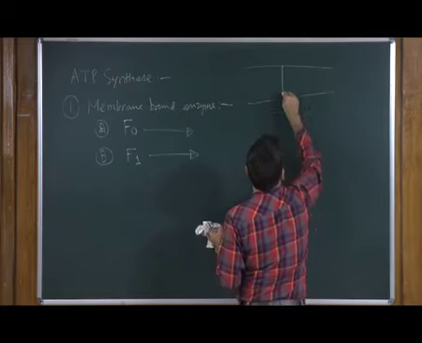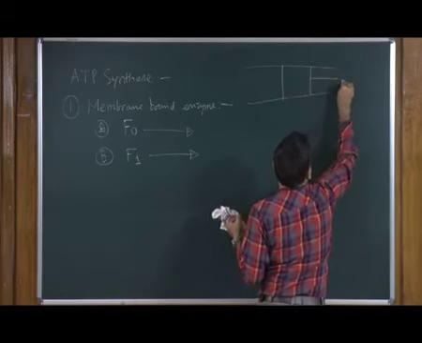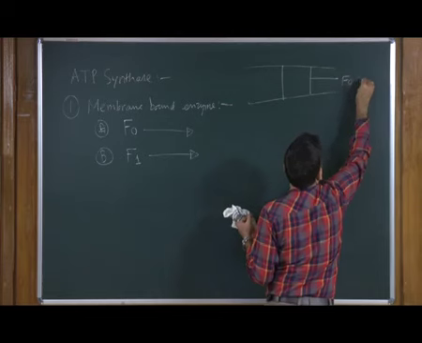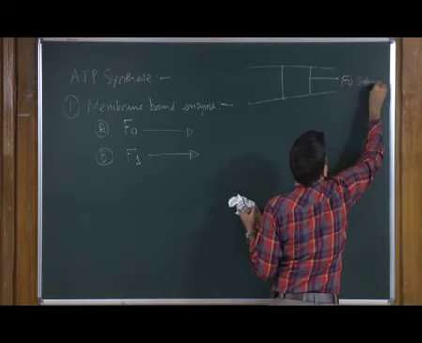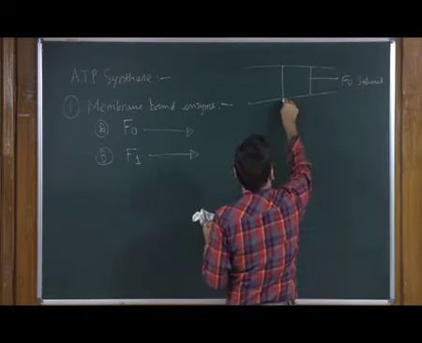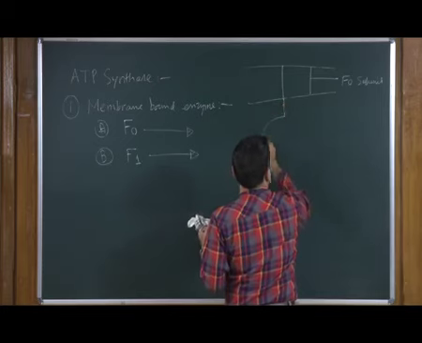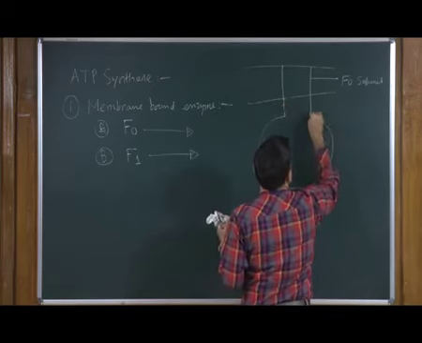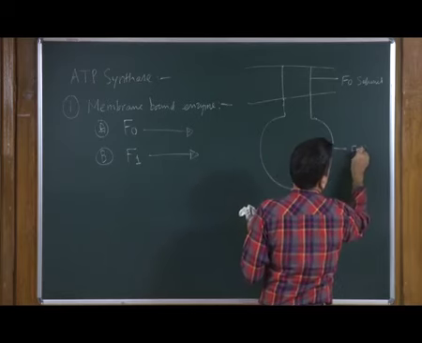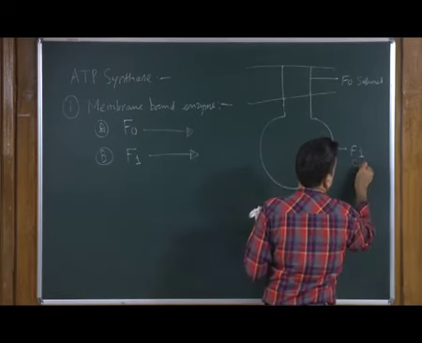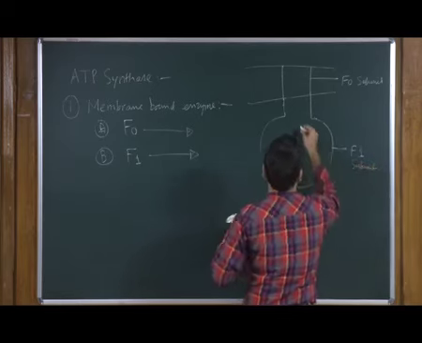So, this portion is the FO subunit, and then after that it has a ball like structure, and this is the F1 subunit. Okay.